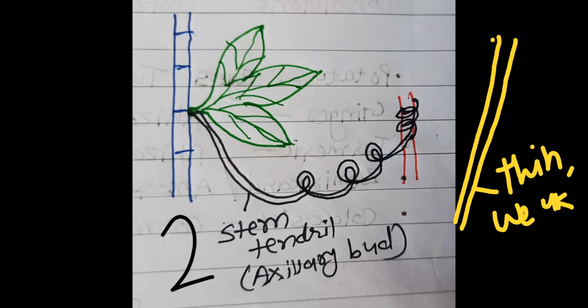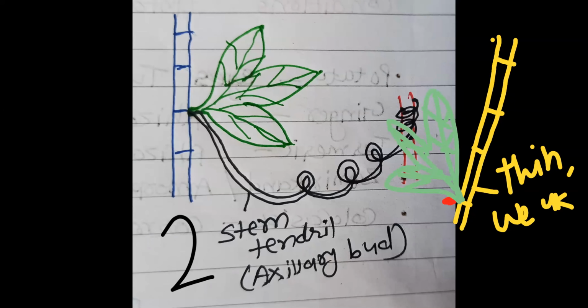No, right? So it needs support. For that, see, again it is a stem. So remember, nodes and internodes are there. Axillary bud is present. Leaves form here along with that.